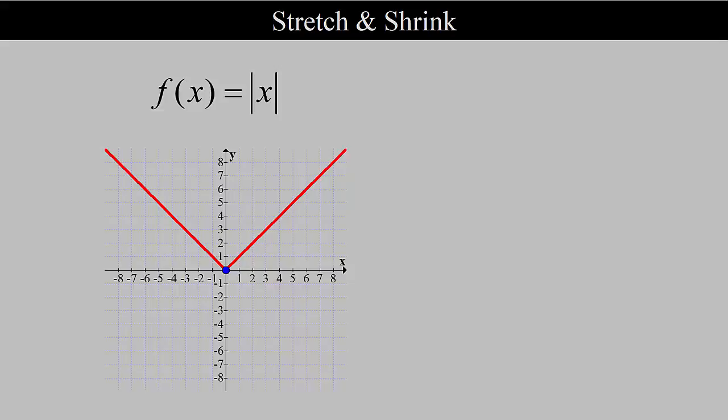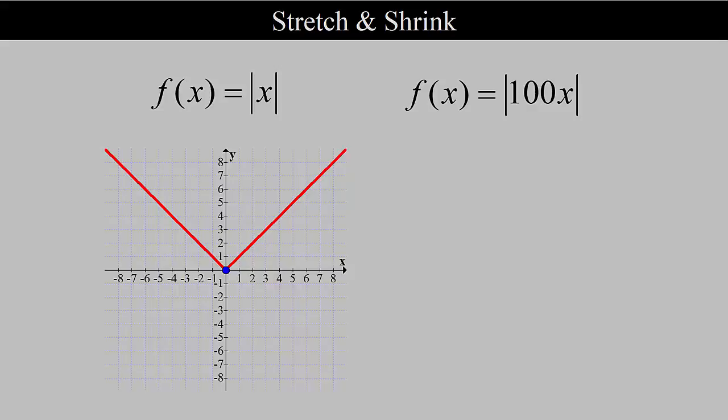Here's the graph of absolute value of x. We're multiplying inside by 100. That means the graph is going to be compressed or stretched in the horizontal direction because it's happening inside.